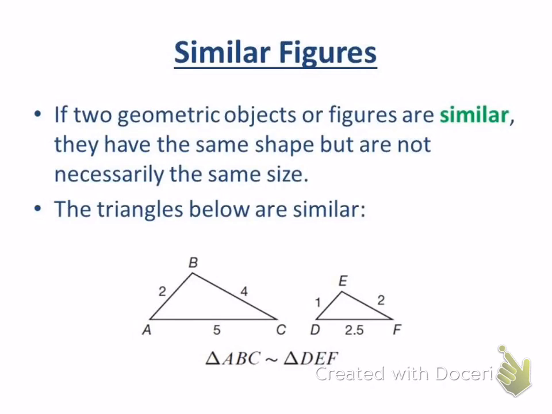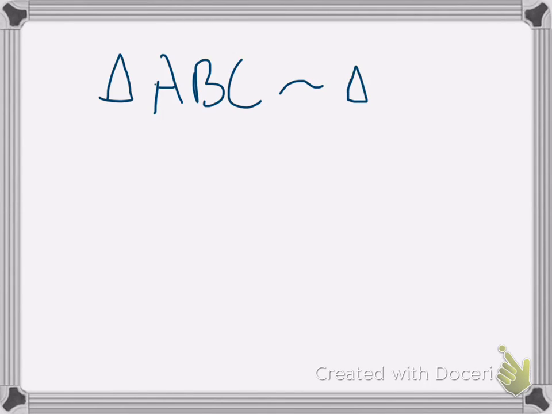All right? Now, these triangles are similar. So if we start out with this similarity statement, triangle ABC is similar to triangle DEF. My stylus is not wanting to cooperate.